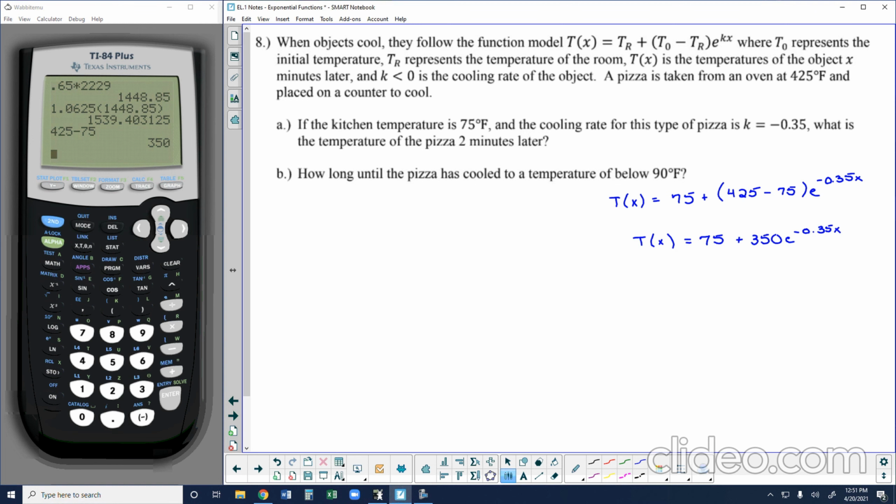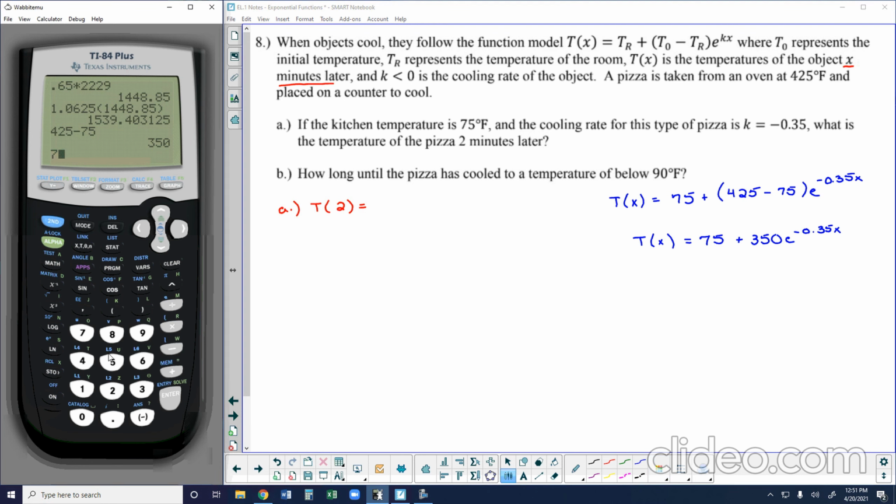So question A asks, what is the temperature of the pizza 2 minutes later? Remember that x is already in minutes. So what we can do here is substitute in 2 for x and then use this to solve for the temperature.